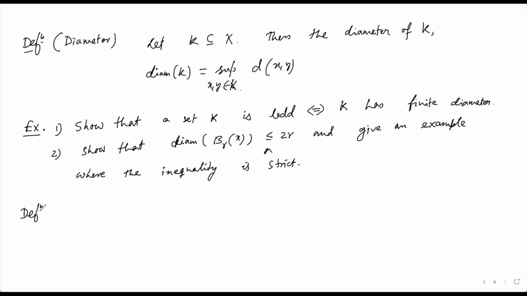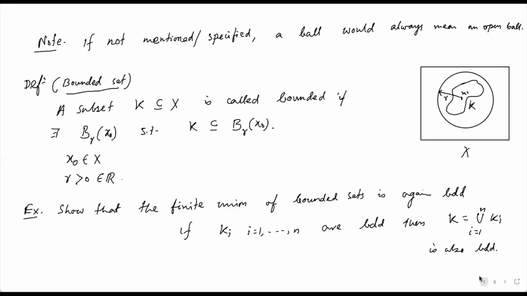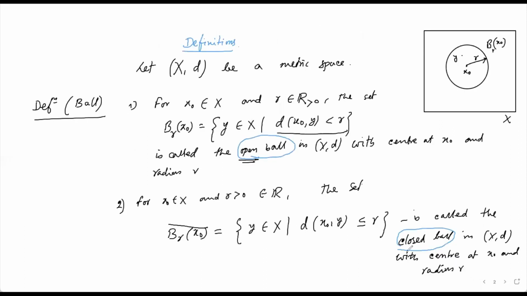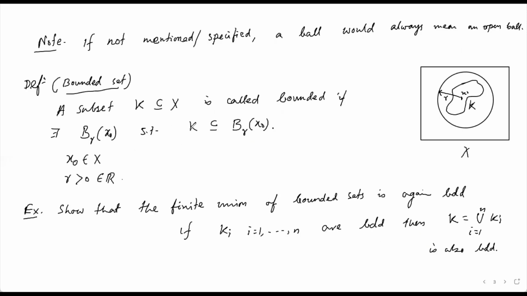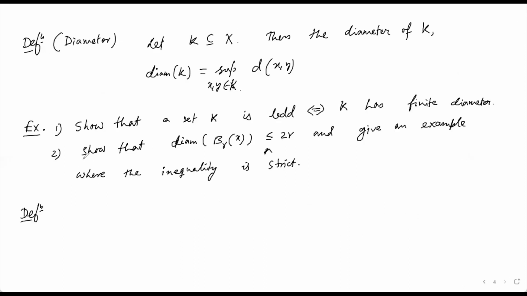Let us label the definitions: this is definition 1, definition 2, definition 3, this is 4. So now we define neighborhood.